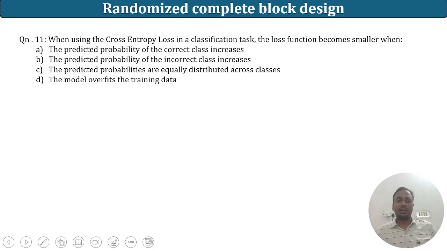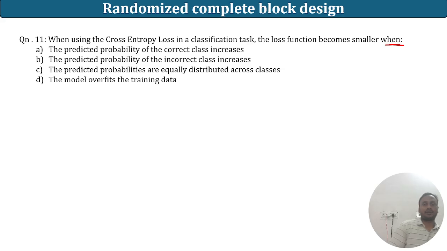Now we'll come to the last two questions. When does the cross entropy loss function in a classification task become smaller? When the predicted probability of the correct class increases. Yes, the predicted probability of the correct class should increase.